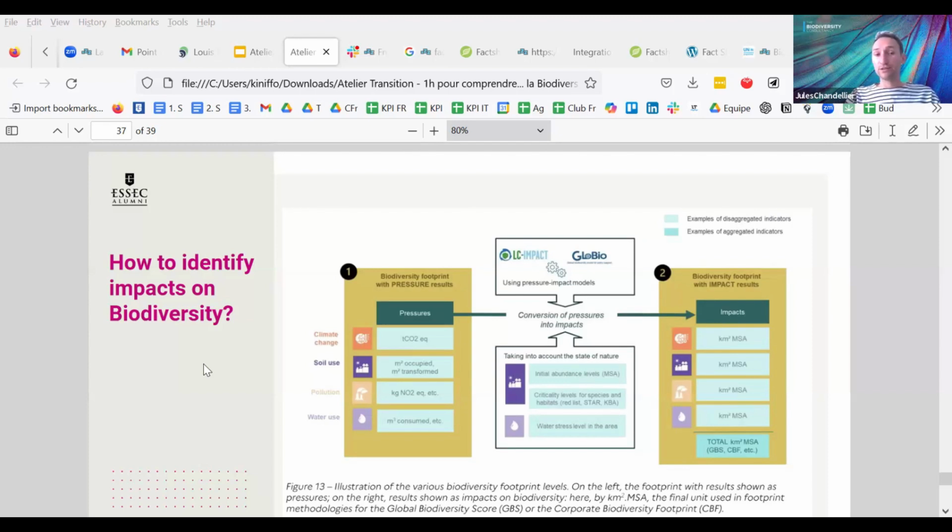First, if you have defined your targets, and there are a lot of different types of targets you can set, it would definitely help to define the good KPIs, so you can have targets over actions, targets over pressures on biodiversity.